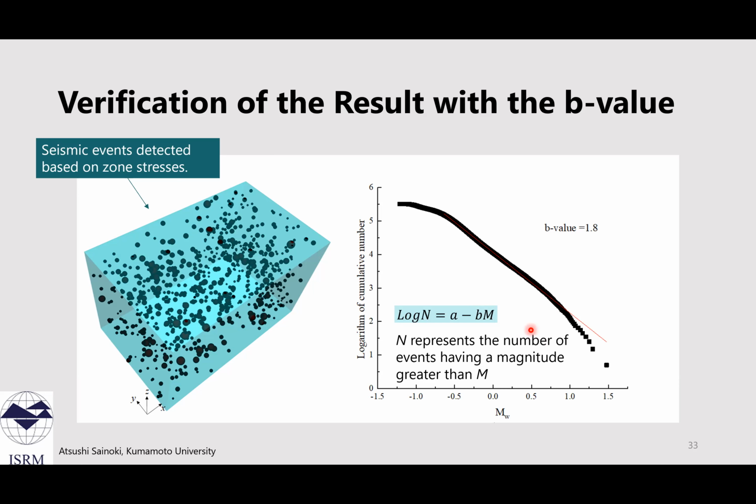Importantly, it is known that mining-induced seismicity results in a b value slightly larger than 1.0. So considering the previous studies, the b value estimated from this stress distribution is quite reasonable.